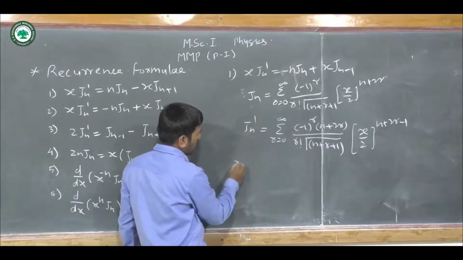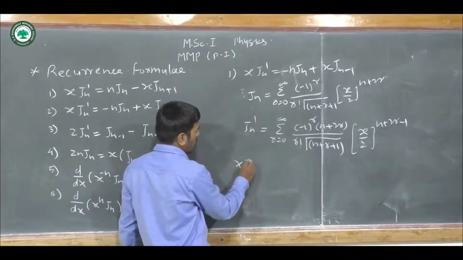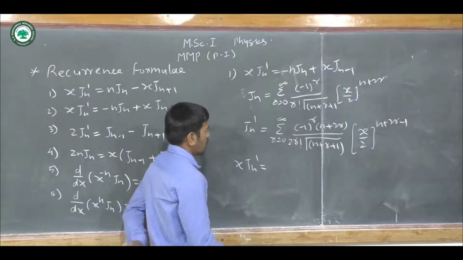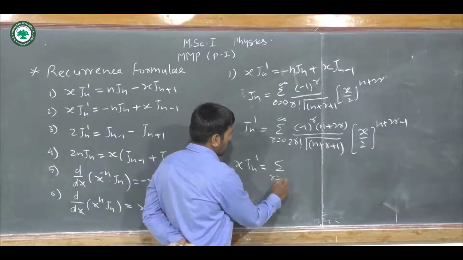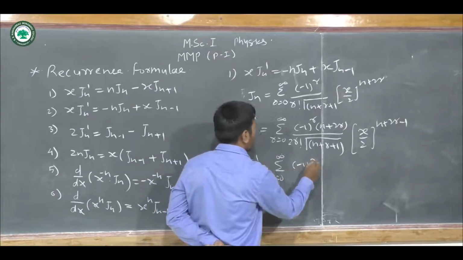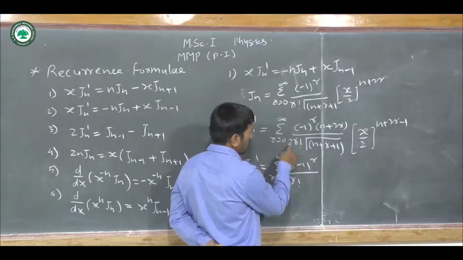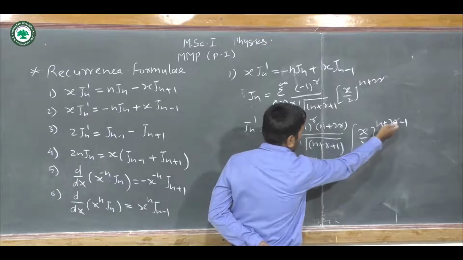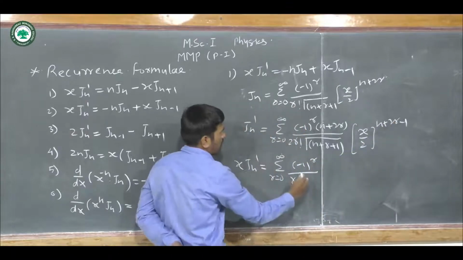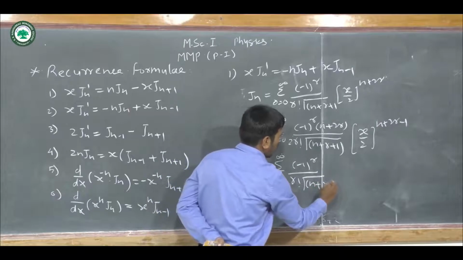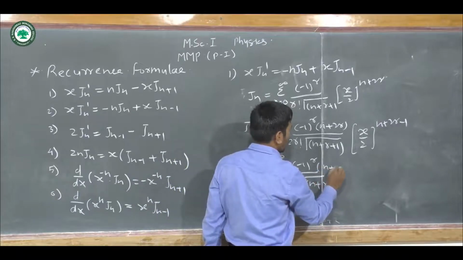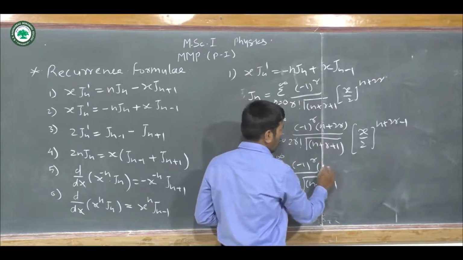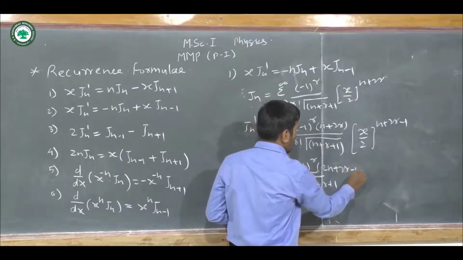If I multiply this Jn prime by x, I can write it like this: n plus 2r we can write as 2n plus 2r minus n.